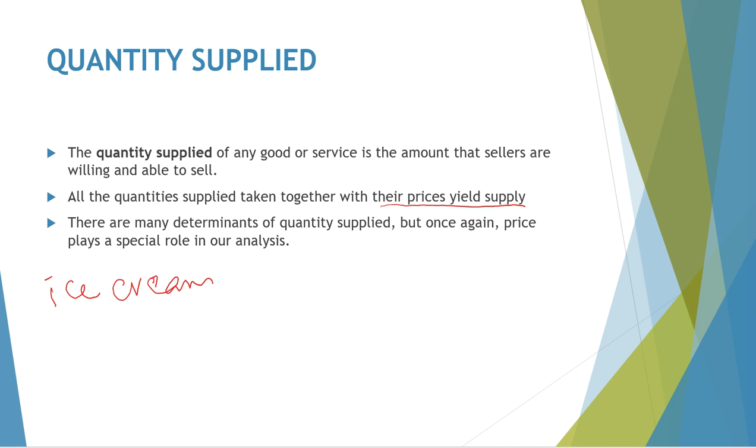Sebab tak tahu buat apa nak keluarkan banyak-banyak kan. So, at a low price, some sellers may even choose to shut down, close the business completely, and the quantity supplied falls to zero. So in this situation, this relationship between the price and the quantity supplied is called the law of supply. Okay.